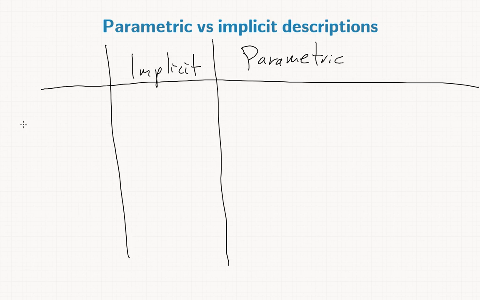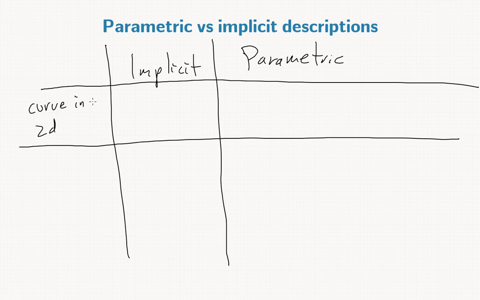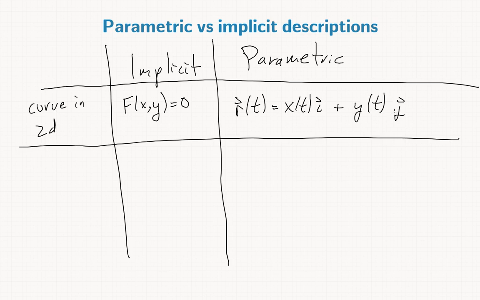If we have a curve in 2D space, an implicit description of that will look like f(x, y) = 0, whereas a parametric description will be r(t) = x(t) i + y(t) j. So notice here we have 1 constraint and here we have 1 parameter.